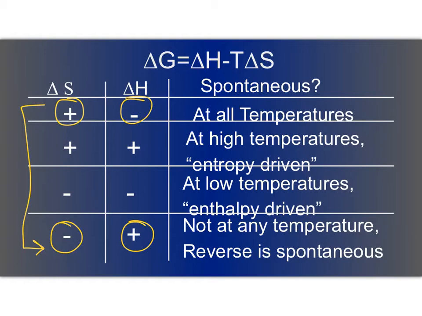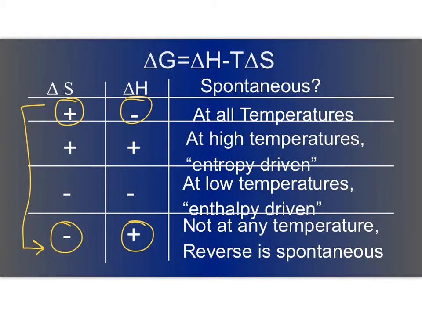If we were to put in the signs, positive, minus, and negative, mathematically it would show us that delta G is positive, and a positive delta G tells us that the reaction is non-spontaneous, and it doesn't matter what temperature you're at. The other 2 scenarios are temperature dependent.